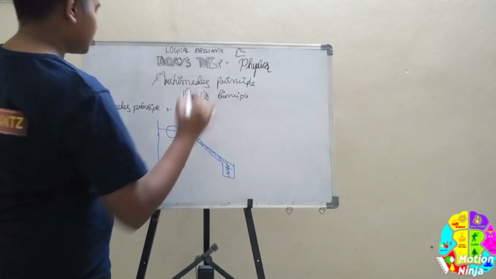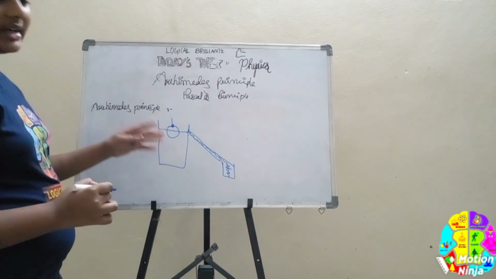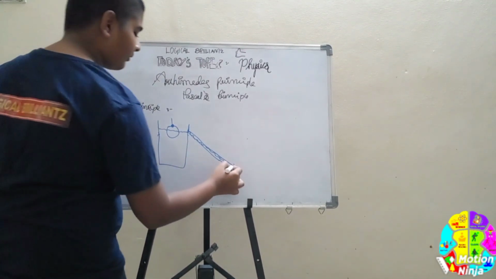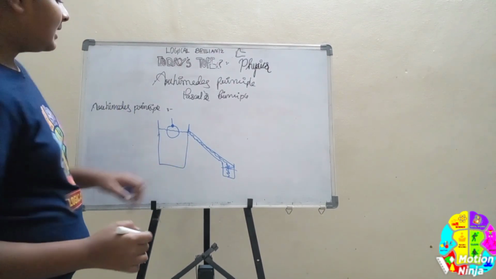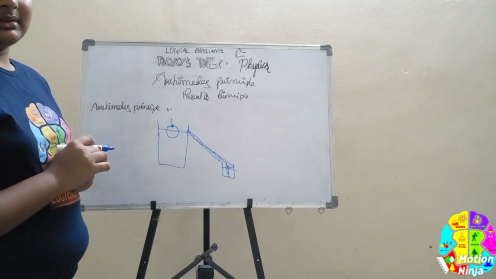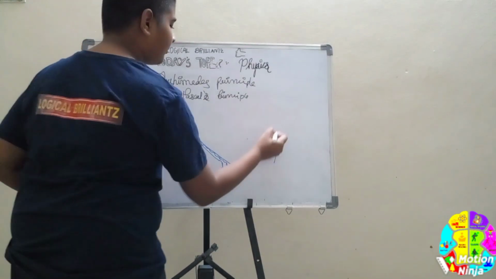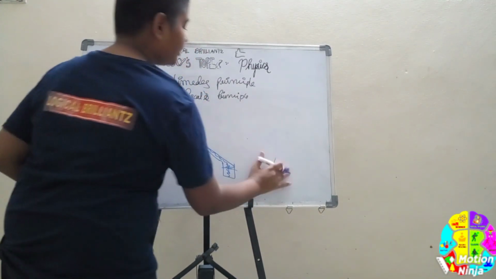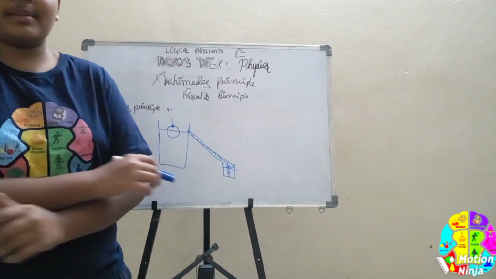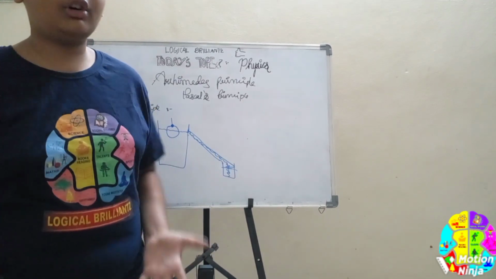Measure the weight of the stone with the spring balance, and measure the weight of the water displaced. The weight of the stone and this water will be equal. When the stone is immersed, what is buoyancy? The upward force. The best example of buoyancy is swimming. When you immerse in water, you float up.